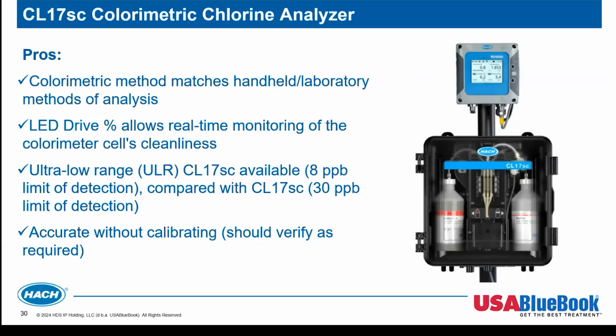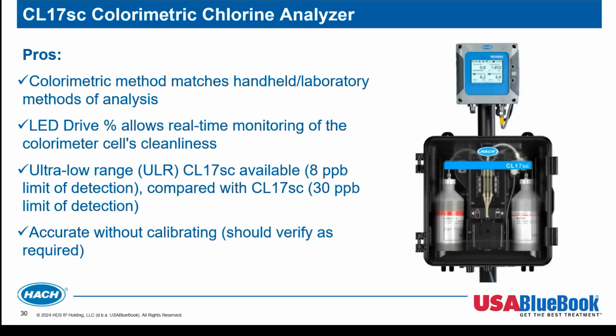Sticking with the colorimetric analysis, imagine we take our DR300 and put it on the wall, and we hook it up with some tubing for our reagents. We throw in a stir bar there, and we have a continuous sample stream that's not too dissimilar to our situation with our CL17sc. So the pro here is that it is a colorimetric method of analysis, so it matches our handheld and laboratory methods of analysis.